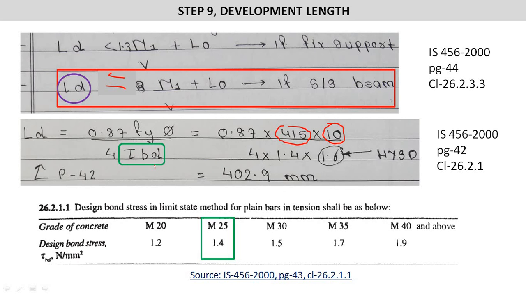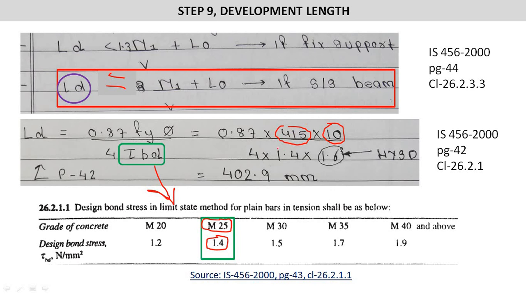The value of tau BD you will get from the table, or clause number 26.2.1.1 of IS 456:2000, page number 43, which depends upon the grade of concrete. The grade of concrete is 25. So we have the value of tau BD in Newton per mm square as 1.4.